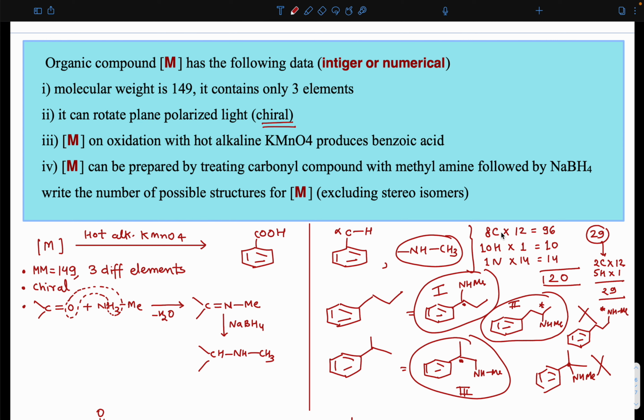Your real brain is required in such problems. In this problem, we have used just basic concepts. There's no complexity, no exception, nothing. By clubbing those basic concepts, we get the final answer. So I think everyone got this problem.